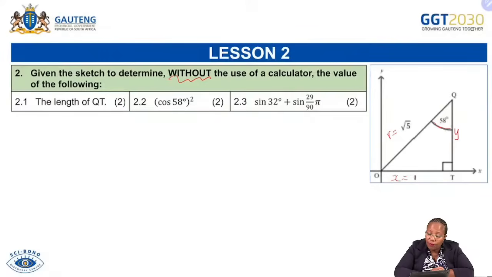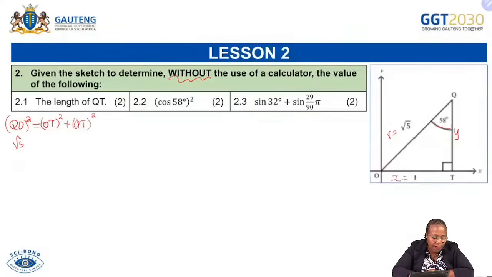So in order to find the y, which is QT, we are going to use Pythagoras. Remember, Pythagoras says that QO, which is the hypotenuse side, squared is equal to the sum of the other two sides, that is OT squared plus QT squared. And then what is QO?